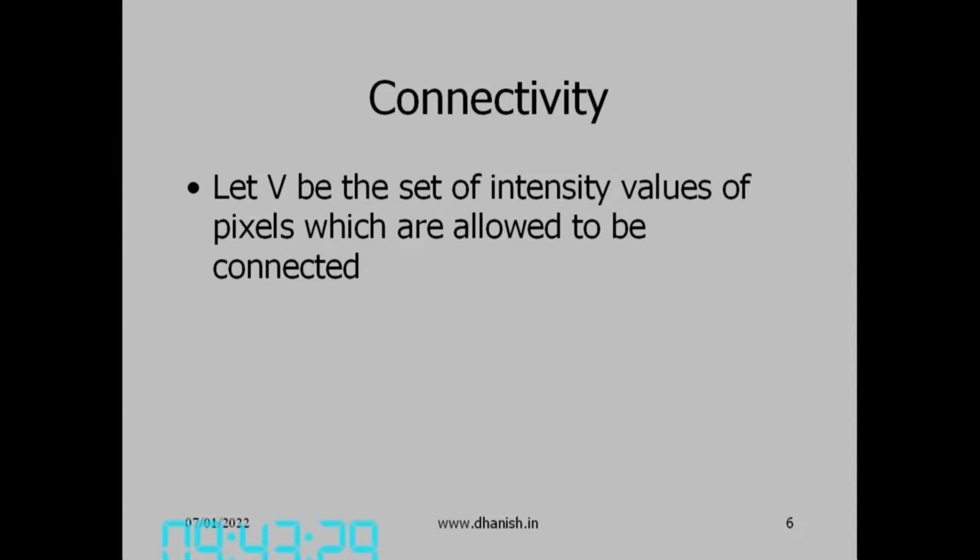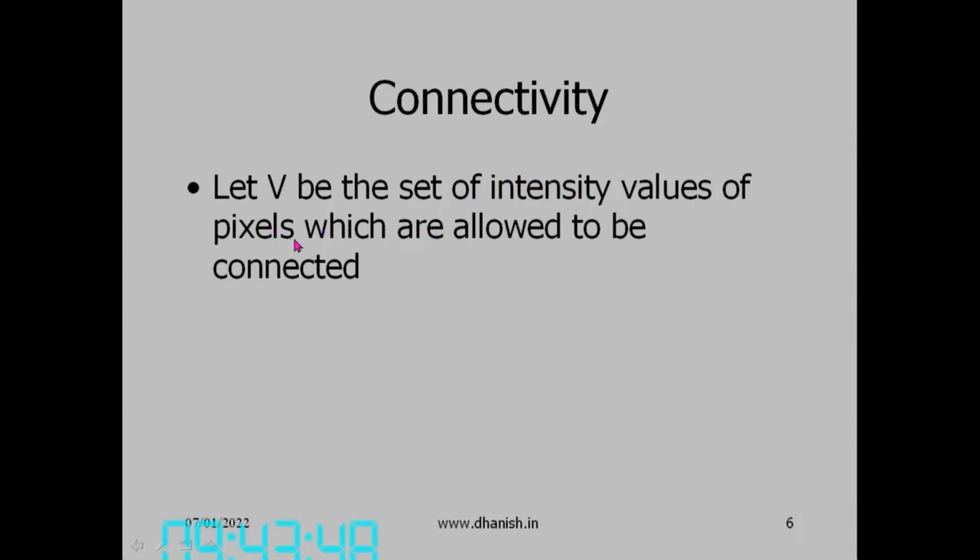Okay, so next we come to connectivity. Let V be the set of intensity values of pixels which are allowed to be connected. That means we join them together, or treat them as one area.